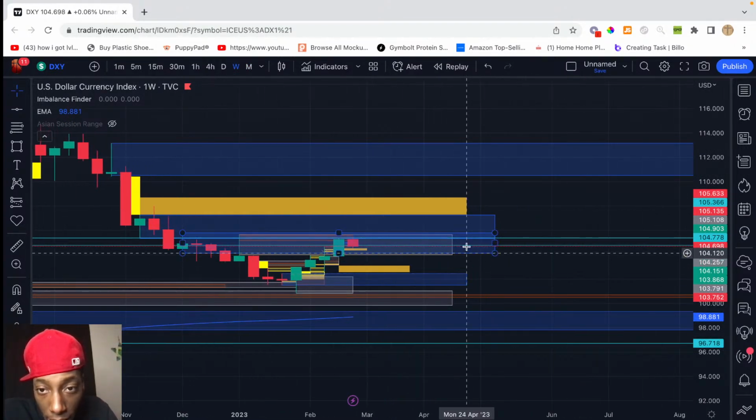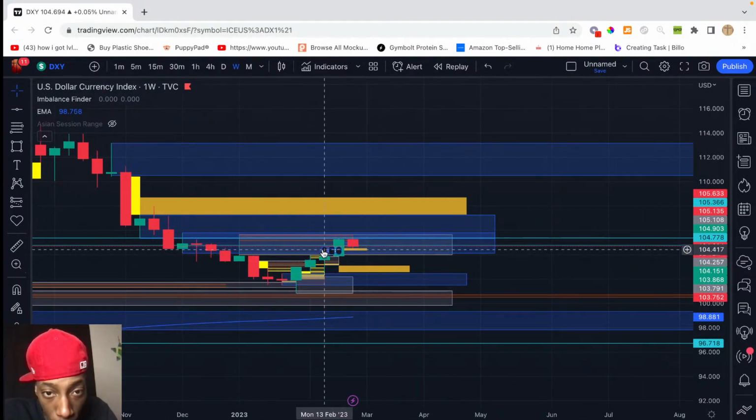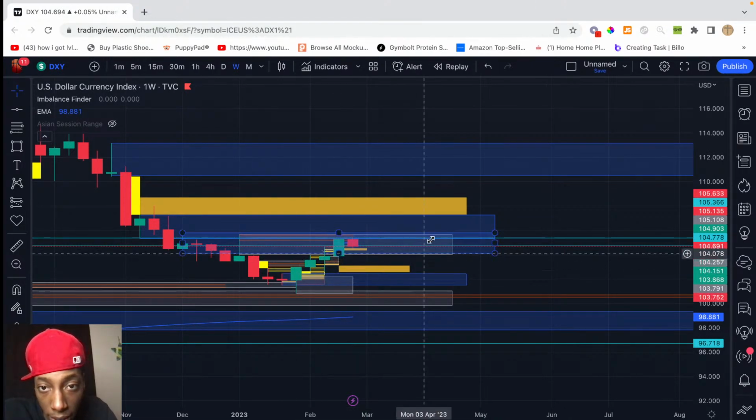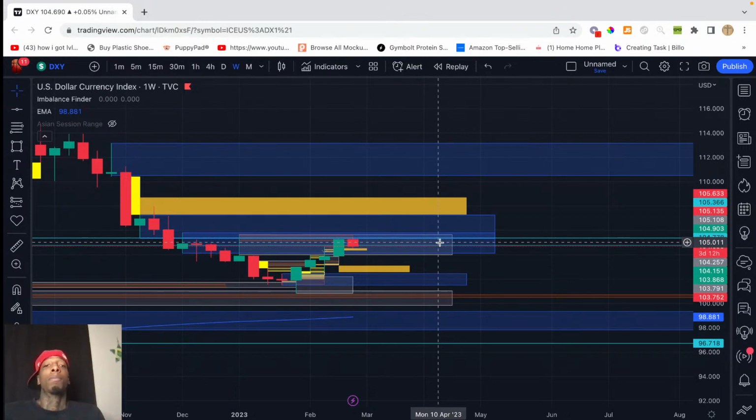Because it was another weekly supply that it tapped into before during this 4-week push. You know what I'm saying? So you mark up and color code your chart by supply and demands by each time frame. It gives you a better sense of where you at in the market and what is it tapping off of and what is it going towards.